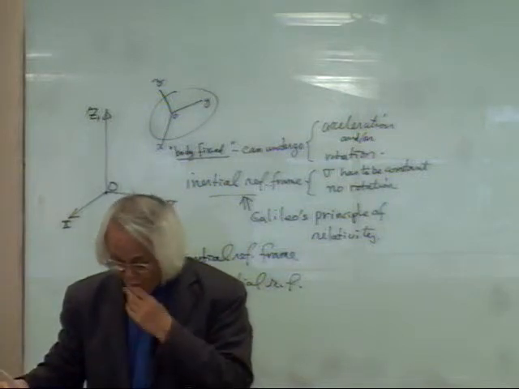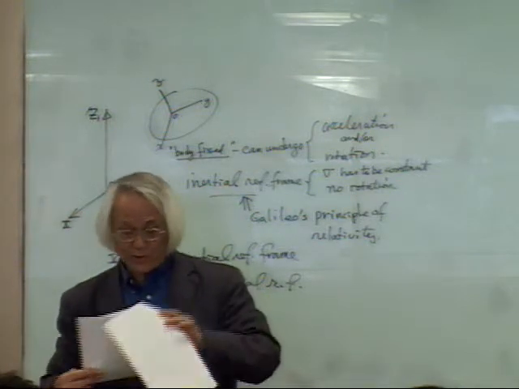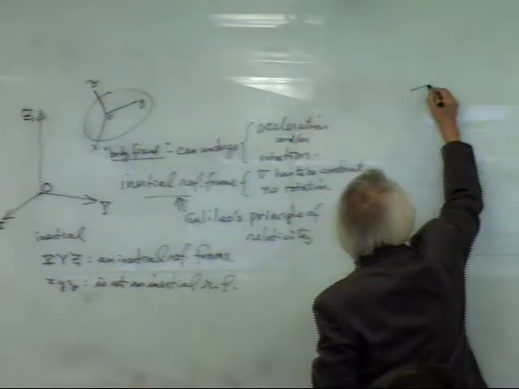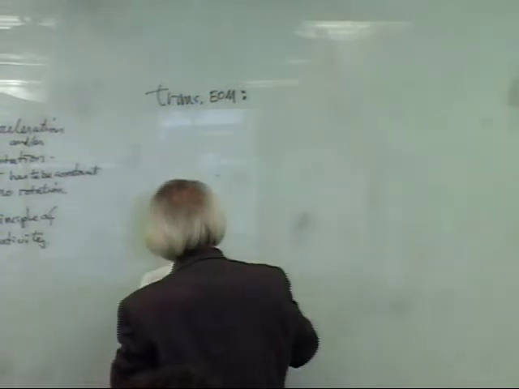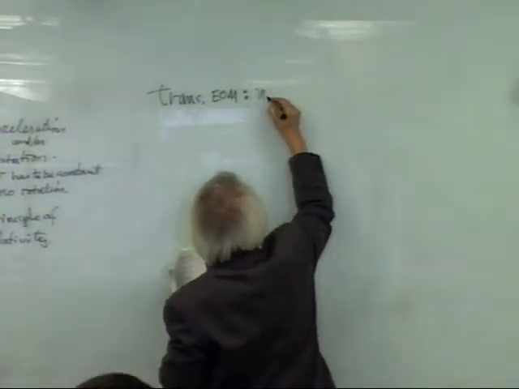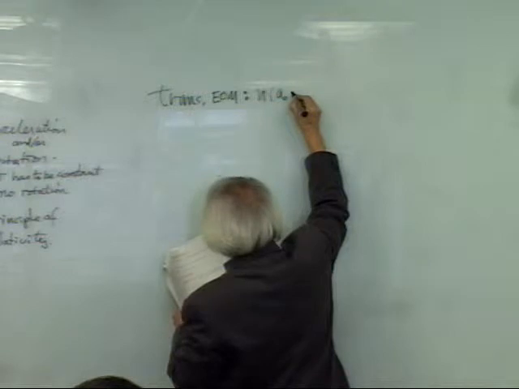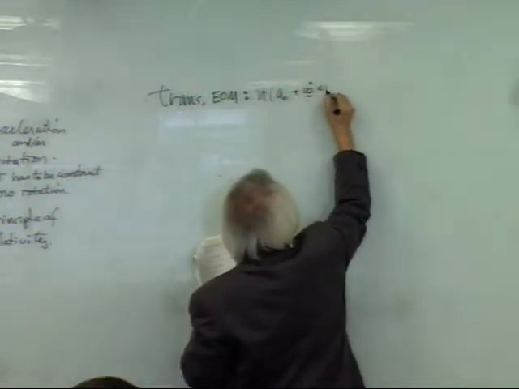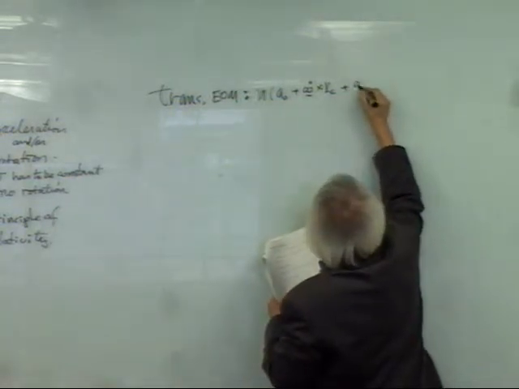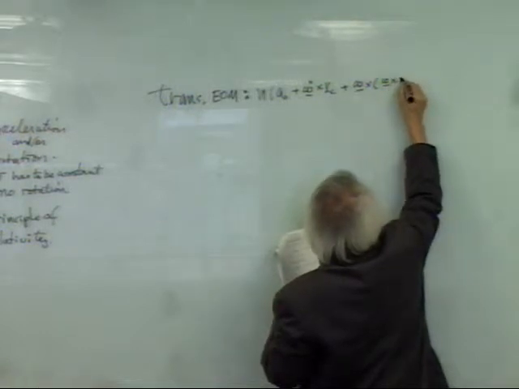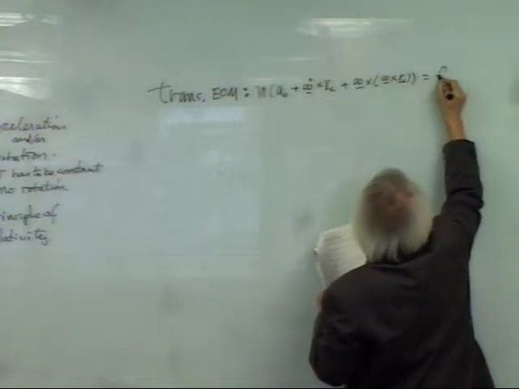One, the translational equation of motion, was something like this: m times A0 plus alpha cross RC plus omega cross omega cross RC equal to all the applied force.